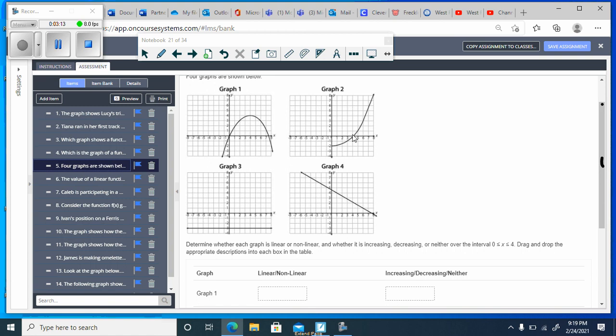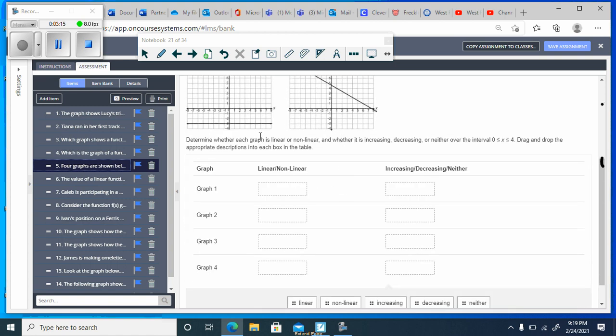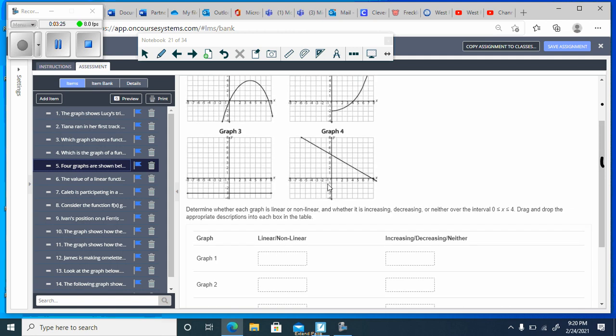It's increasing, going up. This one's linear. What's it doing from 0 to 4? It's linear, right? This one's not increasing or decreasing, right? This one's linear. From 0 to 4, it's decreasing.